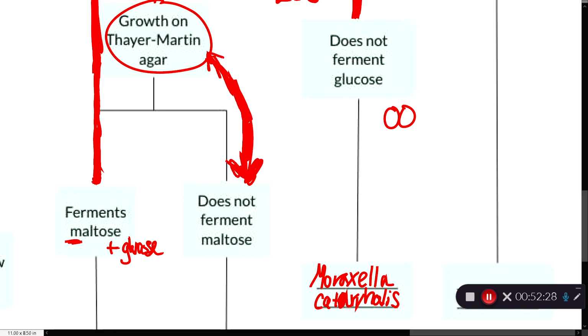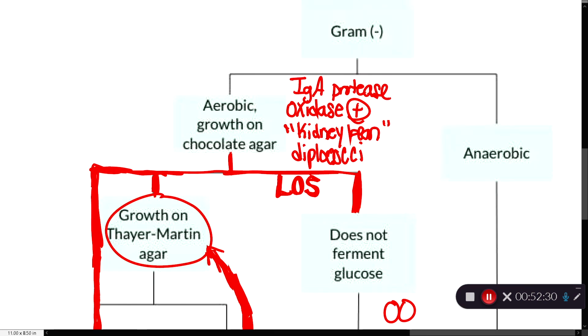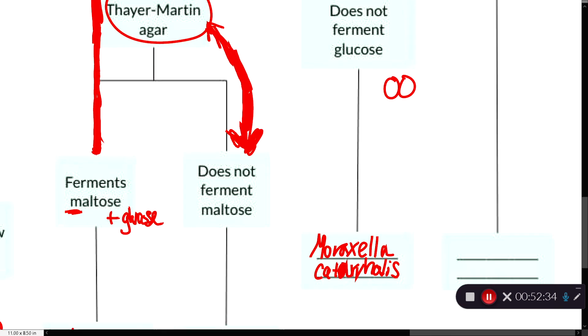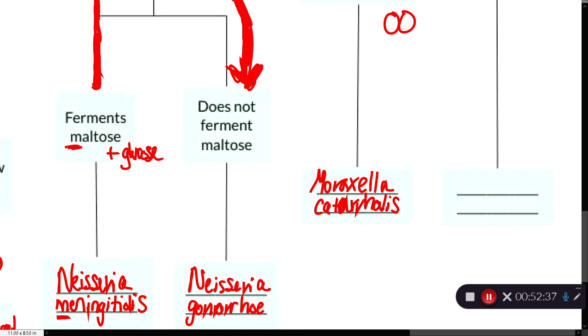And then last but not least, if they describe it as a gram-negative coccus that is anaerobic, so you'll find it in some sort of anaerobic condition or infection, this is going to be your normal flora that you might find in the mouth. Moraxella catarrhalis is going to be upper respiratory. This is more going to be normal flora of the mouth, the colon, the vagina. It's very, very rarely going to cause infections.